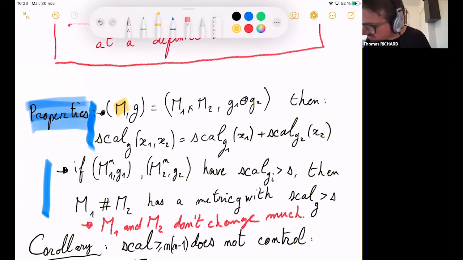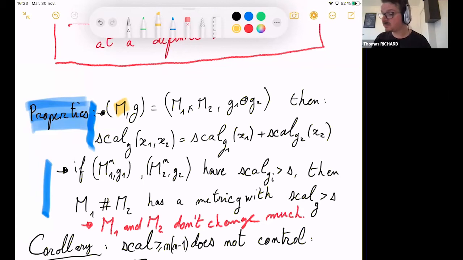Then the connected sum of both, which I will recall afterwards, will also have a metric with the same lower bound on the scalar curvature. So maybe let's make a picture here. So let's say you have M1 here, and you have M2 here.